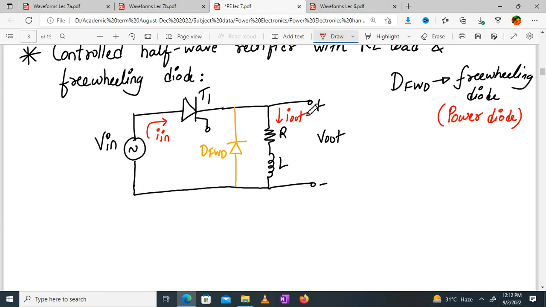Shall we start? I'll teach you in comparison to RL load, how it is without the freewheeling diode and with the freewheeling diode, what is the effect. So for that, we should quickly draw the waveforms for the controlled half wave rectifier with RL load without the freewheeling diode. And then we'll study what happens when we have a freewheeling diode. Okay?